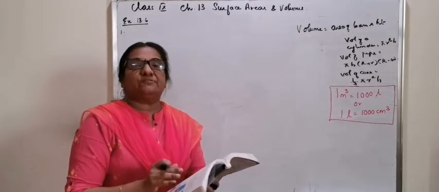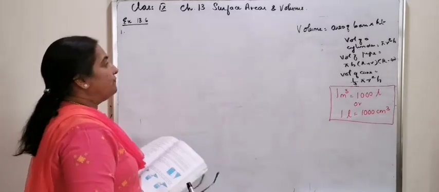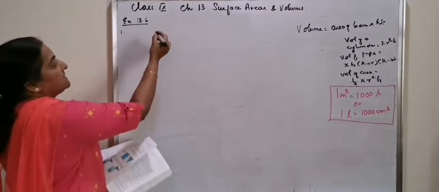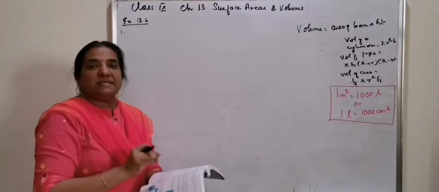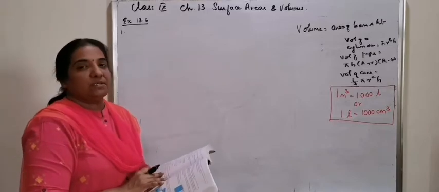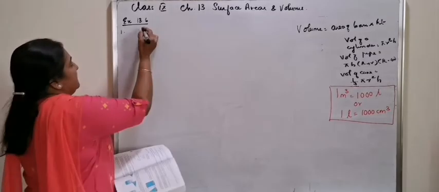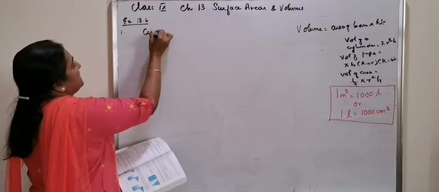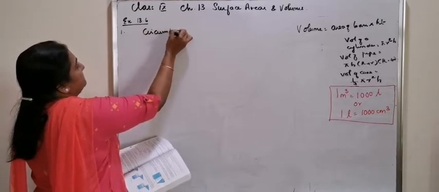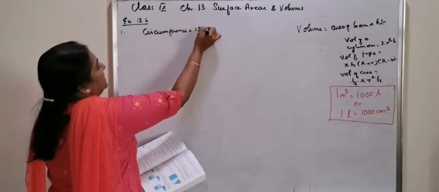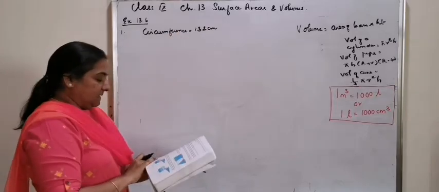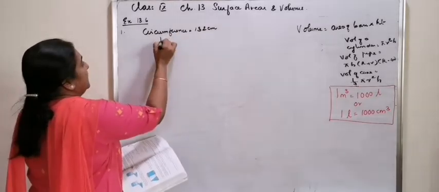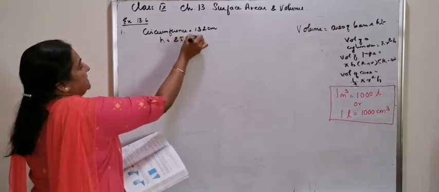Circumference of the base of a cylindrical vessel. We know that the base of the cylinder is of circular shape. That means the circumference is given as 132 centimeter and the height is given as 25 centimeter.